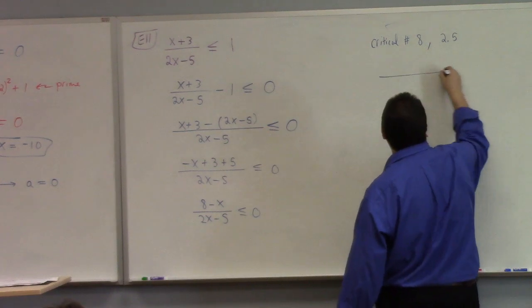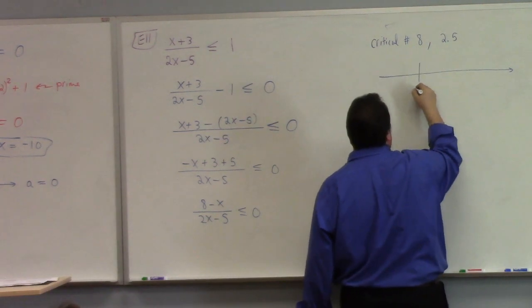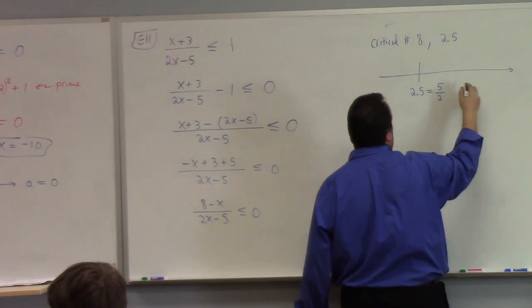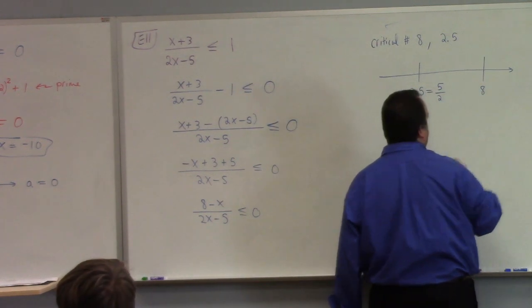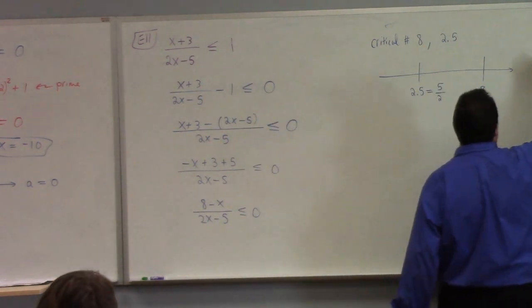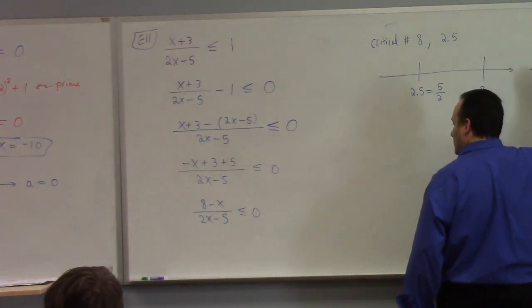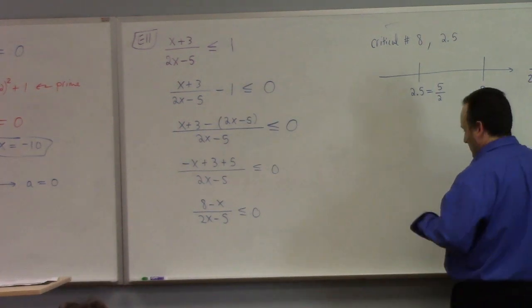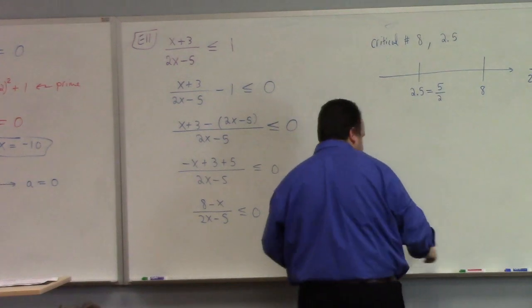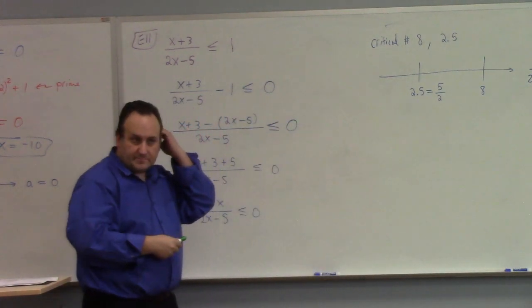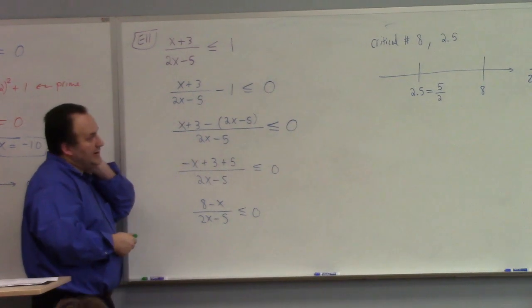Right? And I think you're right. So 2.5 is here. You might write that as 5/2 if you like. I mean, whatever. It's all good. And there's 8. And this number line is for 8 minus x over 2x minus 5. So we need to test some points. Let's plug in 0. Where would 0 be in this story?